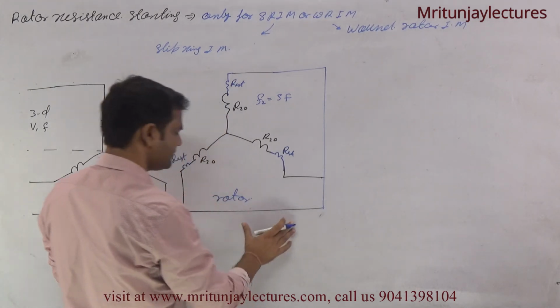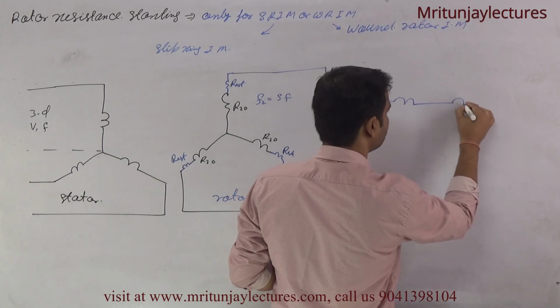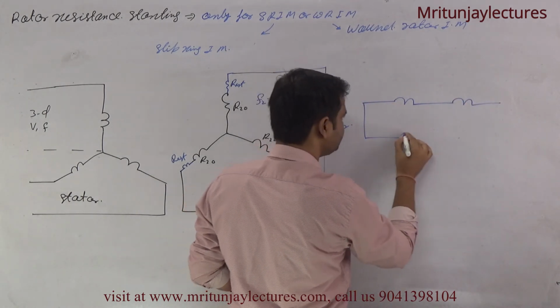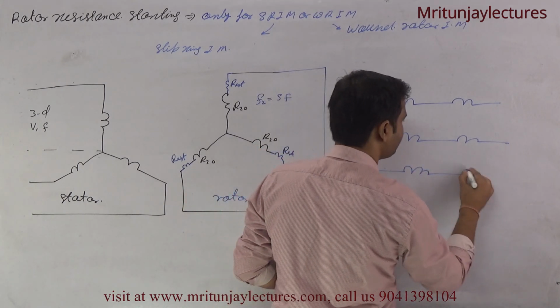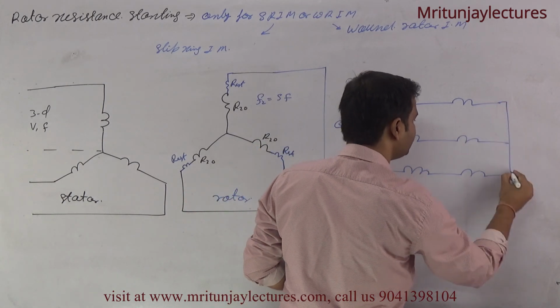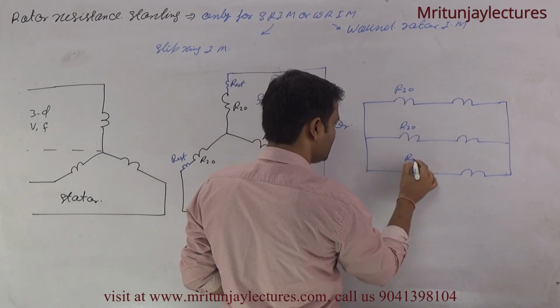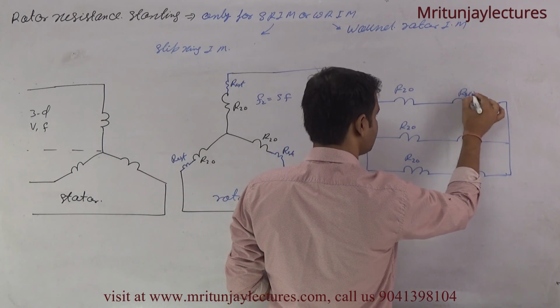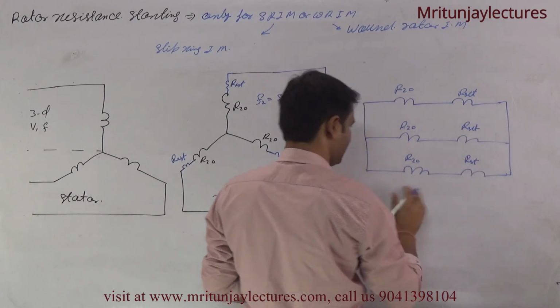Okay, this one is also represented like this. This one is the initial resistance, and if external resistance is added in each rotor phase, it is represented like a simplified representation.